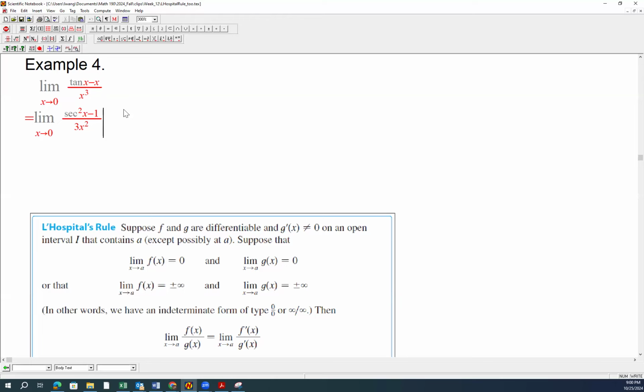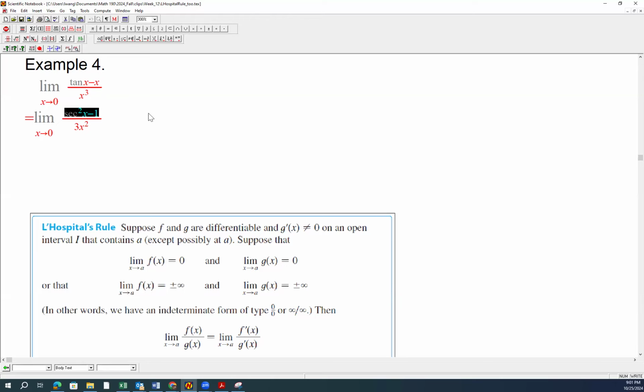If you look at when x is approaching 0, the denominator is still approaching 0. The numerator, secant x, when x approaches 0, secant is 1 over cosine. This is approaching 1. Excuse me, 1 minus 1 is still approaching 0.